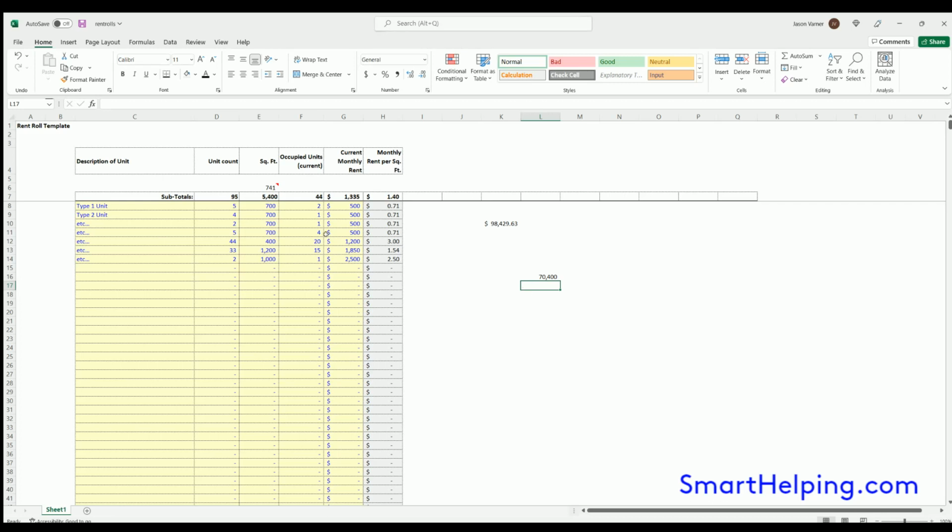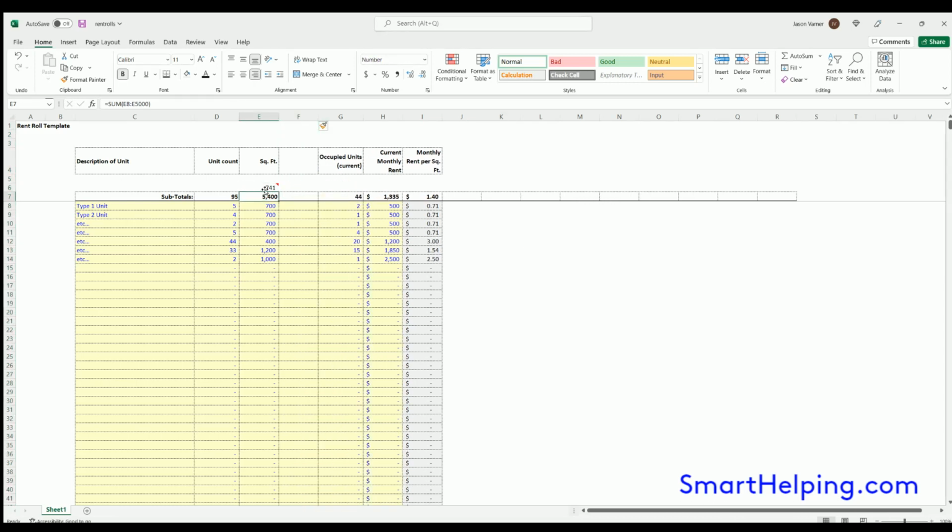70,000. Oh my goodness. Okay, no, it's my fault. This is the square feet per unit. This number we want here, this number went over here. So this is the average square foot per unit based on this, but we want to know total square feet.